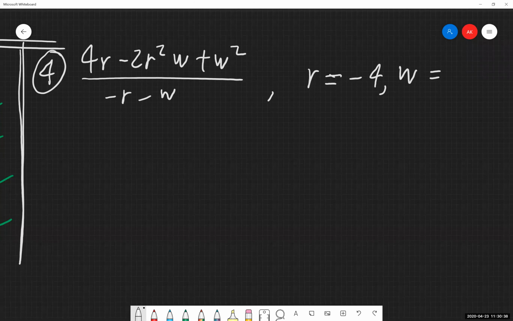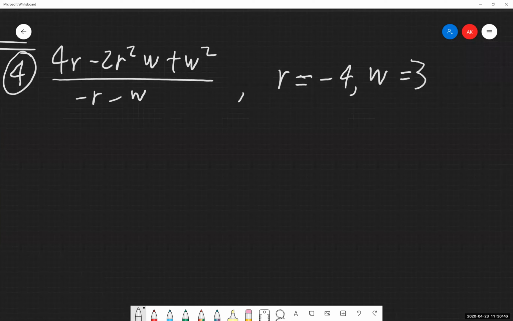Just take your time. Write things out accordingly for yourself as necessary. Okay, so let's see. We've got 4r minus 2r squared w plus w squared. Okay, cool. I'm going to move this w to be a bit closer in here. Emphasize the multiplication a bit more. Okay, got our equation written out.